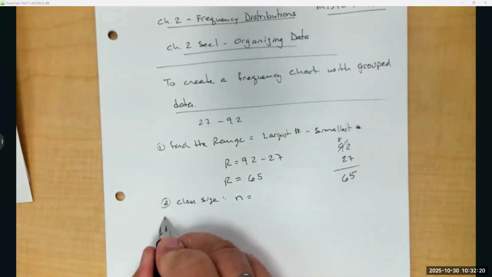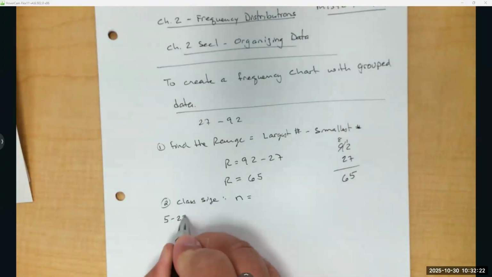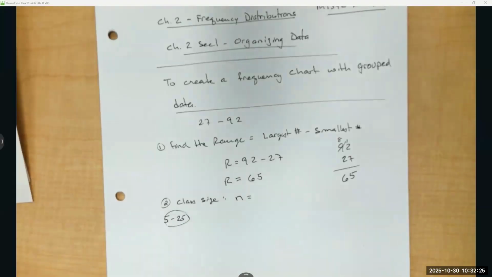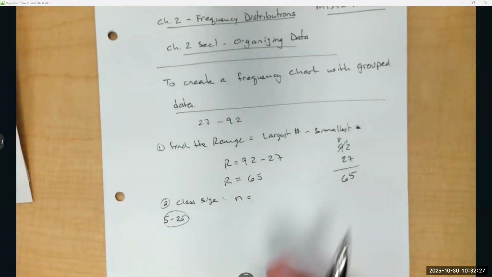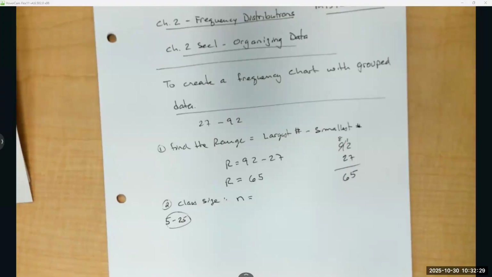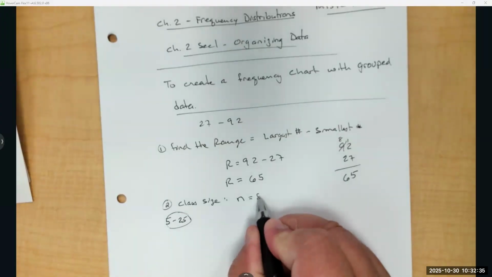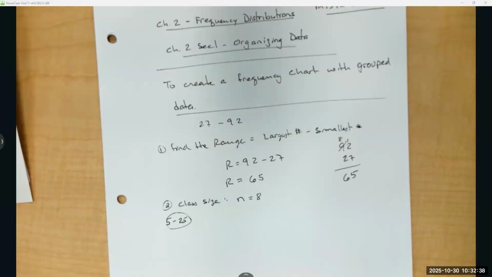We typically have number of classes anywhere between 5 and 25. So for this one, we'll use, how many do we have here? We have 1, 2, 3, 4, 5, 6, 7, 8. I want 8 classes.